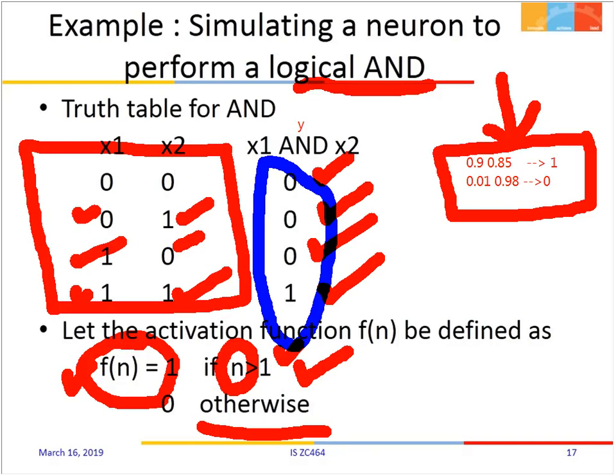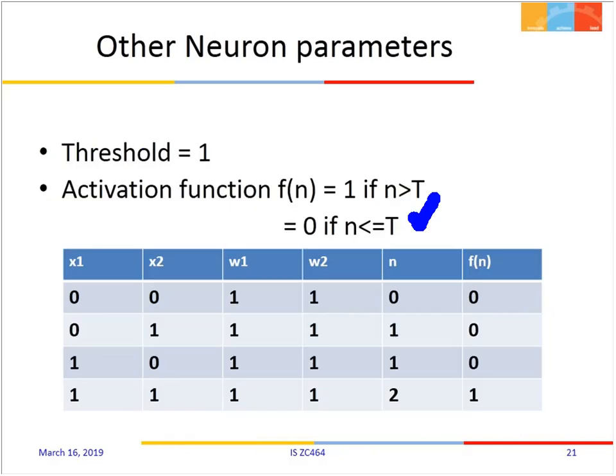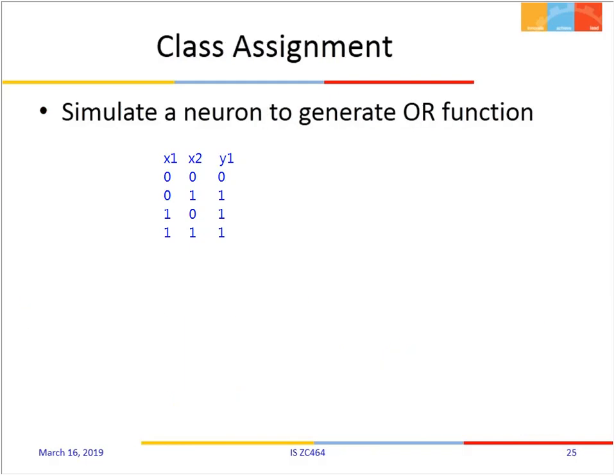I'm referring to slide 17 right now to show you the AND output as 0, 0, 0, 1. Now in the case of OR, I'm coming to slide 25, showing you that the outputs are different: 0, 1, 1, 1. What will be your weights if I'm taking the same input and output conditions? So this is input neuron x1, x2, and the processing neuron is this, the summation, where you find out n and then f of n.